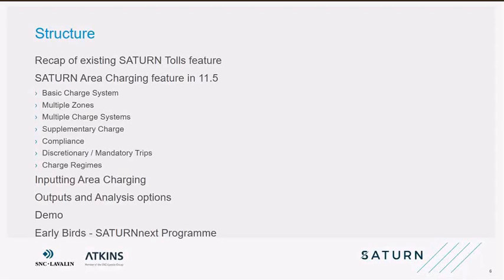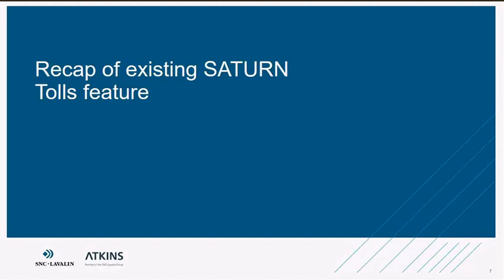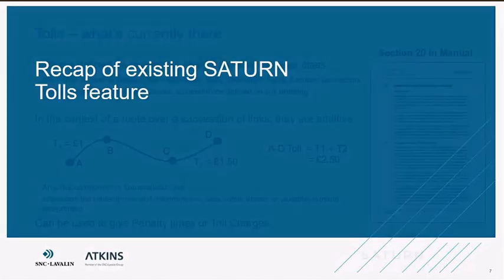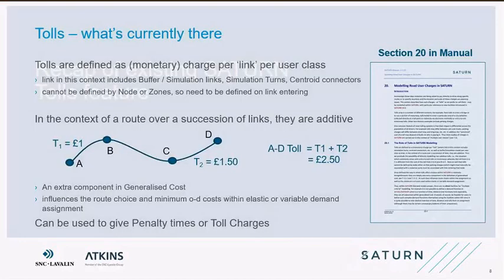So, moving on to the quick recap of the existing Saturn tolls feature. You will all know that currently tolls are defined as a charge per link per user class. The charges could be either in time units or in monetary units, and these are generally defined on buffer or simulation links or turns, and also on centroid connectors.